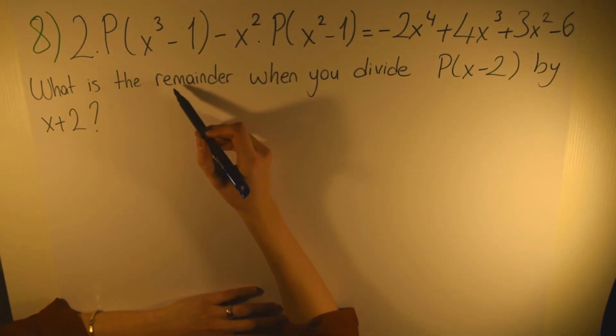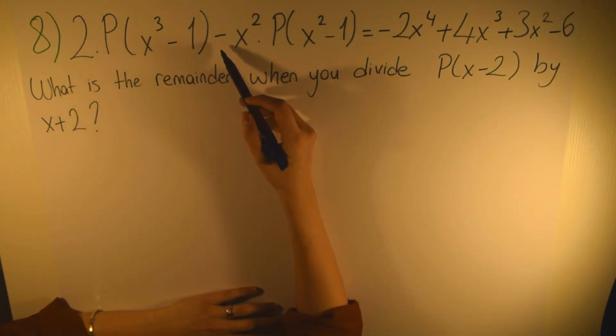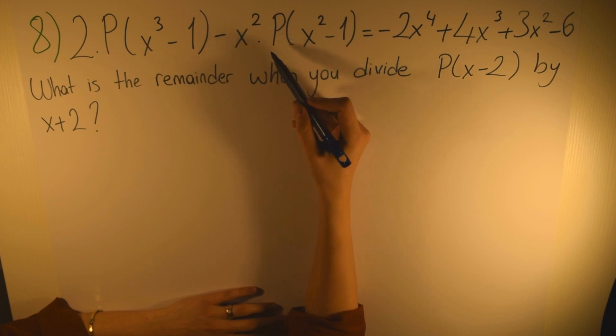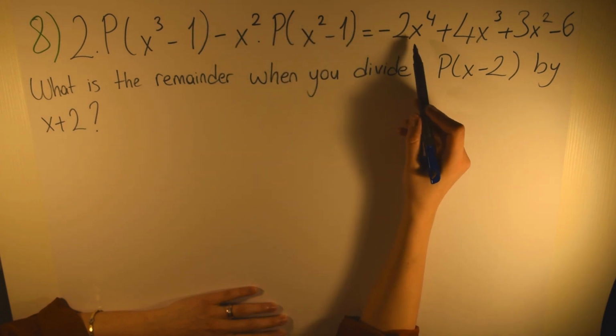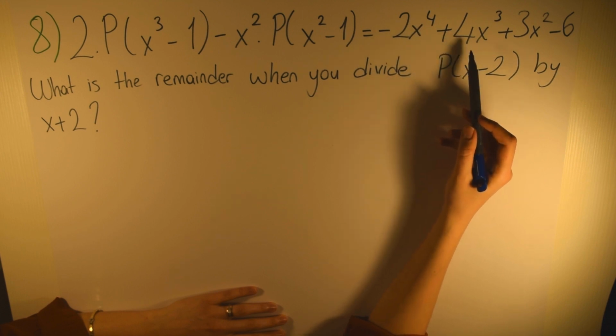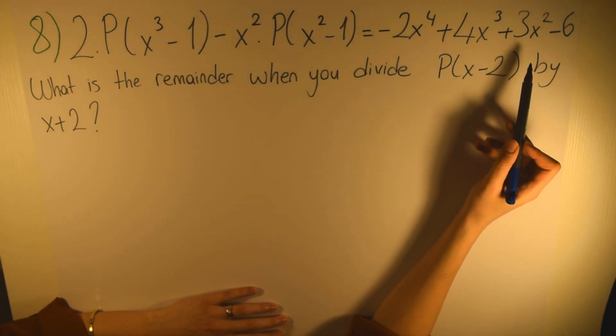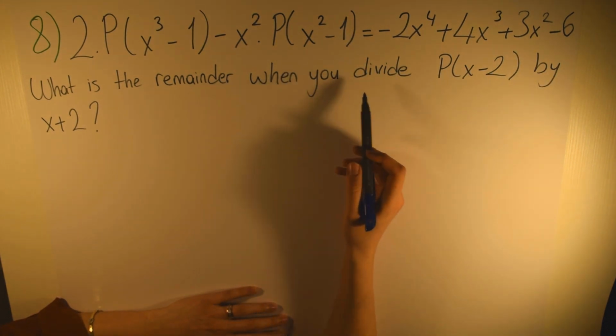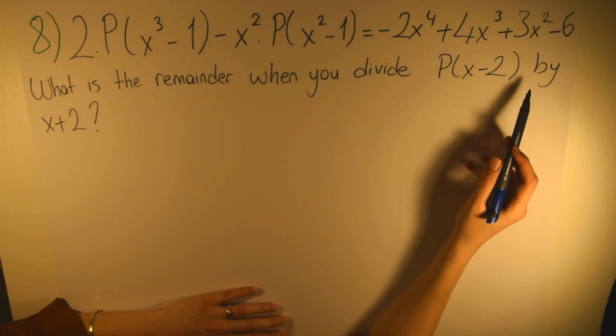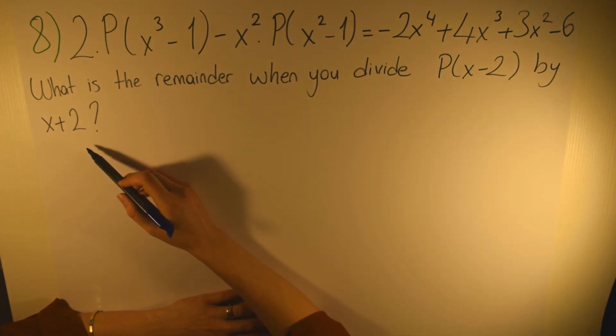2 times P(x to the power of 3 minus 1) minus x to the power of 2 times P(x to the power of 2 minus 1) is equal to minus 2x to the power of 4 plus 4x cubed plus 3x squared minus 6. What is the remainder when you divide P(x) minus 2 by x plus 2?